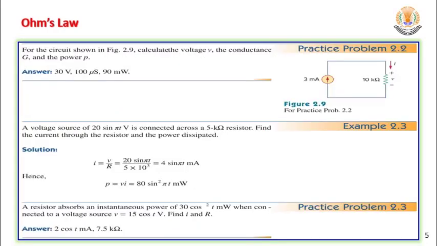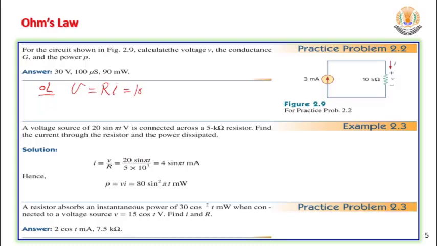Another example. Similar, but instead of having a voltage source, here we have a current source. Similar. Calculate V. So we are going to apply Ohm's law. So V is Ri. R is given 10 kilo, 10 times 10 to the power of 3.